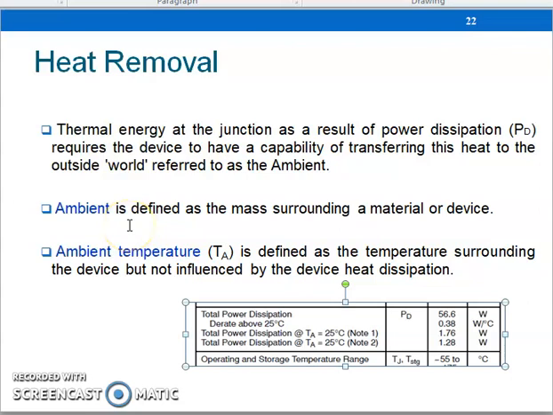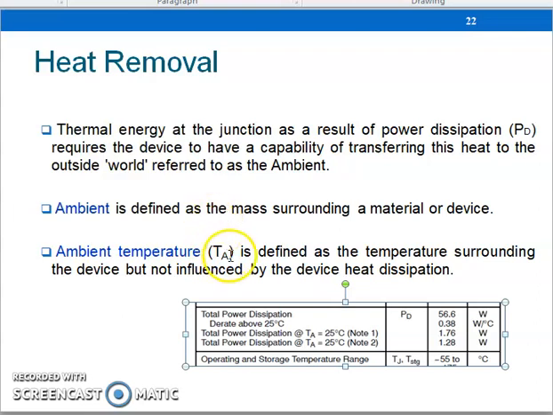Ambient here refers to the mass surrounding a material or device. Let's say we have a converter that operates encapsulated in a case. If the environment inside the case is not affected by the heat generated by the device, and the temperature of the surrounding air inside is not changed much by the operation of the device, then the inside air of the converter is considered as ambient.